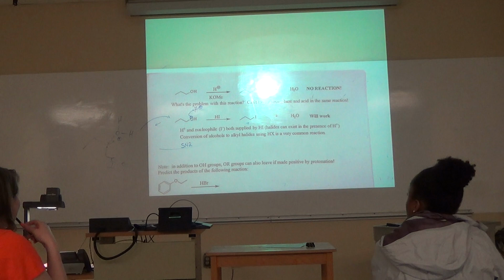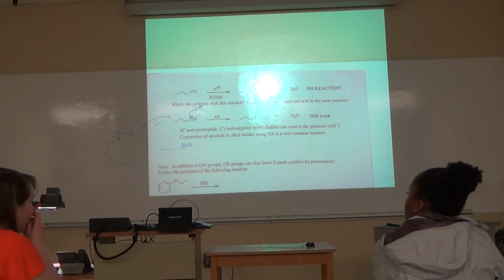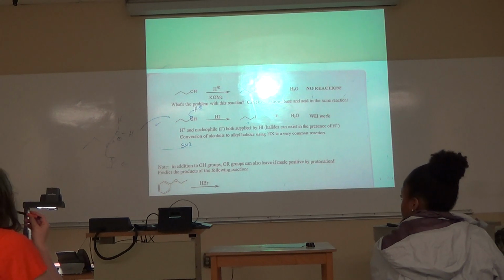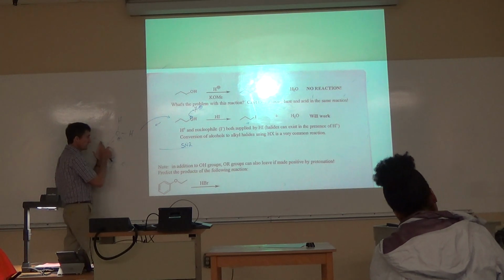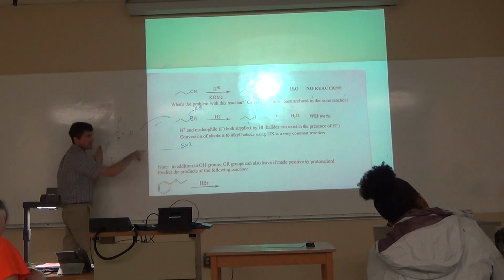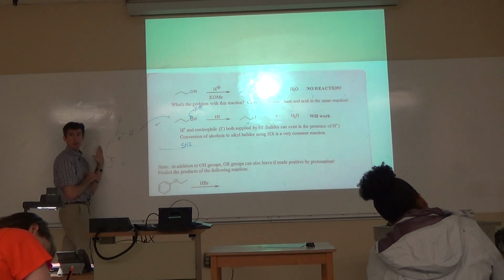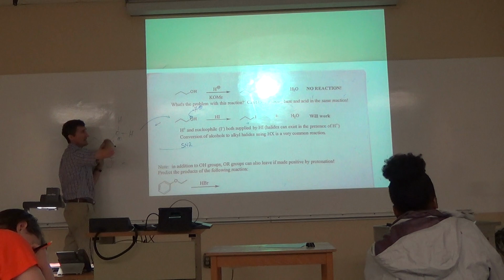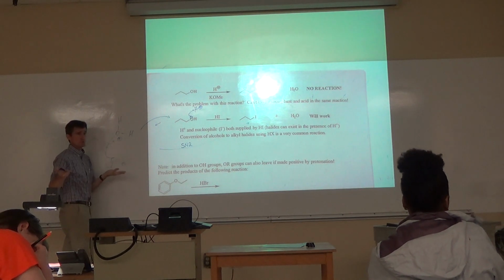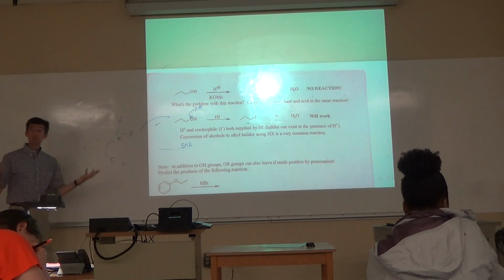It was just a transition state. But there's an intermediate here, because the intermediate came before we did any substitution. This is the substitution right here. And do you see any intermediate between here and the product? No. The first step is not part of the substitution. The first step we call activation of the leaving group.